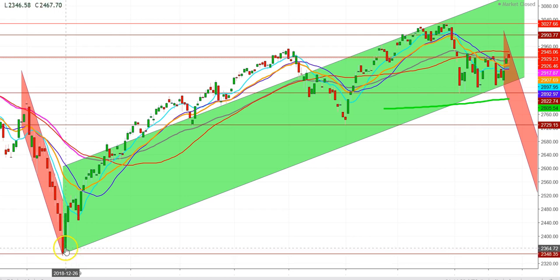Here you can see that since December 26, 2018, the S&P 500 index started to move upward and touched the levels of 2956 on January 5, 2019, where I find that the S&P 500 index found stiff resistance at the level of 2956.